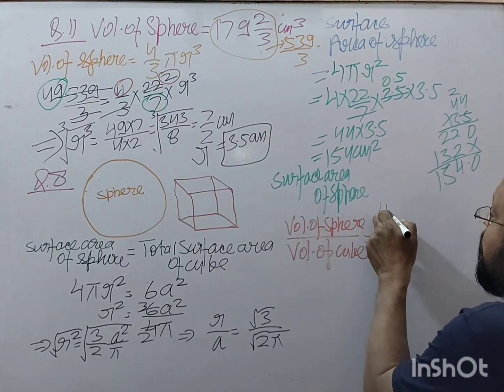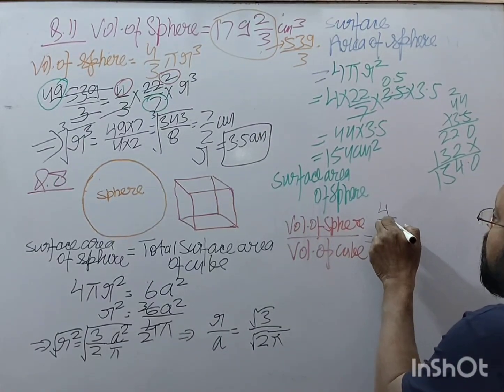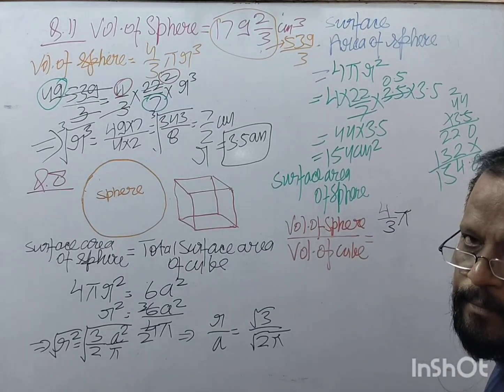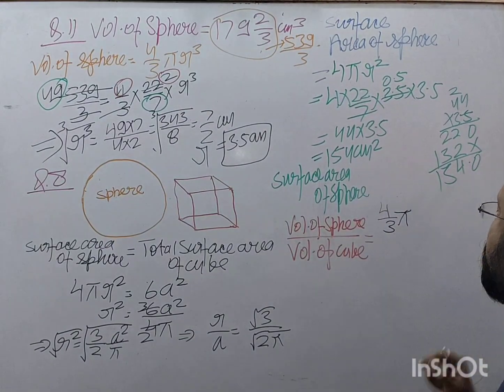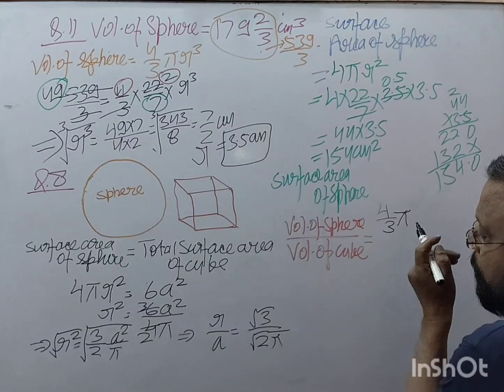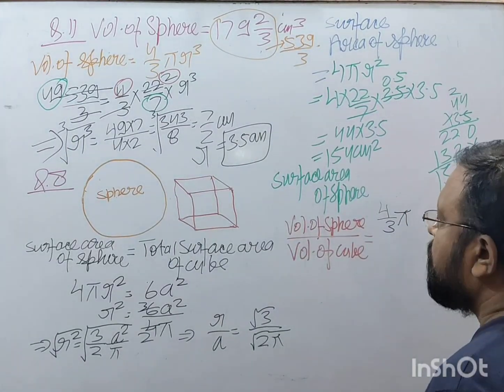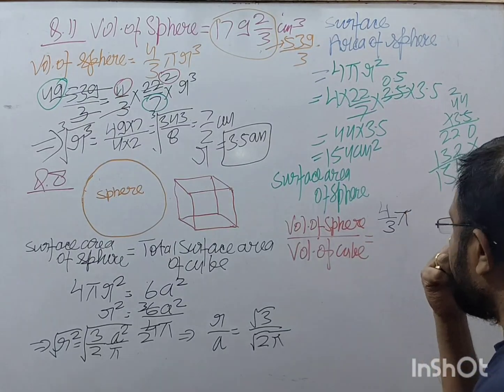It's 4 by 3 pi, 4 by 3 pi, what is the value of R?